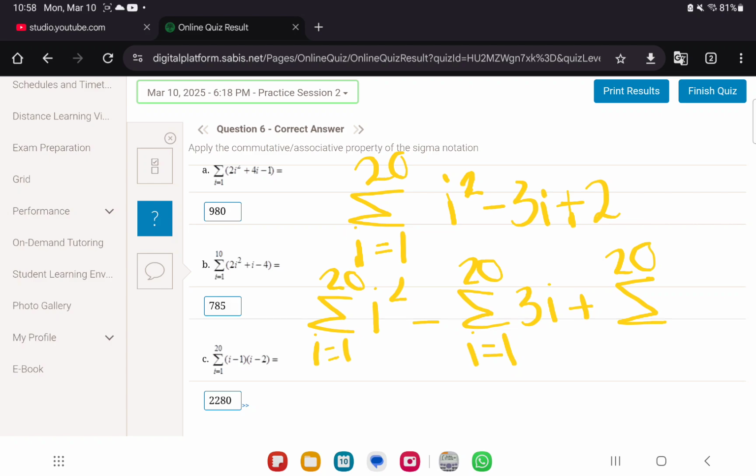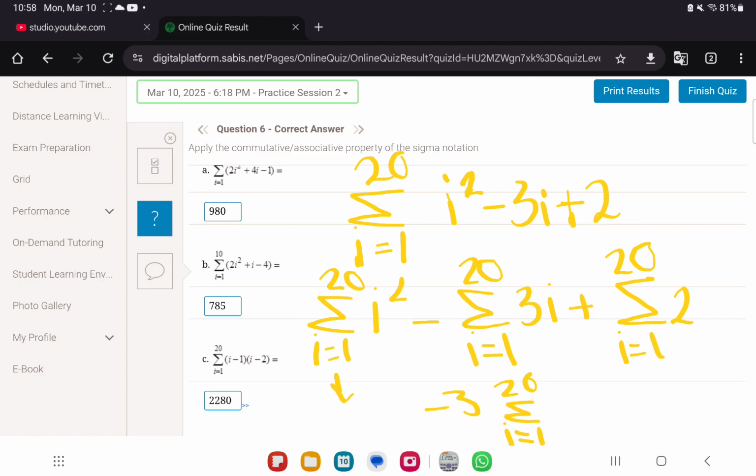Why do I keep saying sigma? It's not sigma, it's sum. Okay, now that we split it apart, let's take out 3 from this one. So it's going to be minus 3 times the sum of I, I equals 1 to 20.